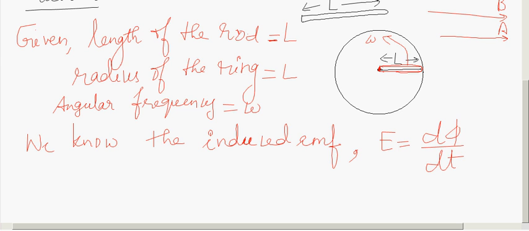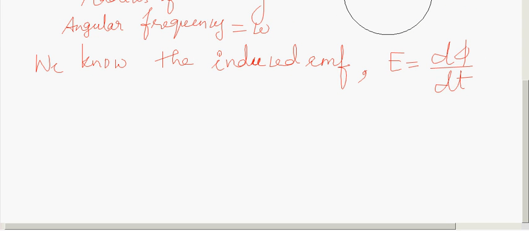We know phi is BA cos theta. Here theta is 0, so phi is BA, and B is constant because it is a uniform magnetic field.